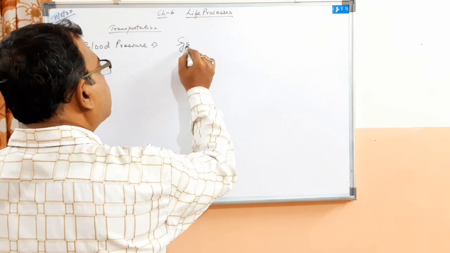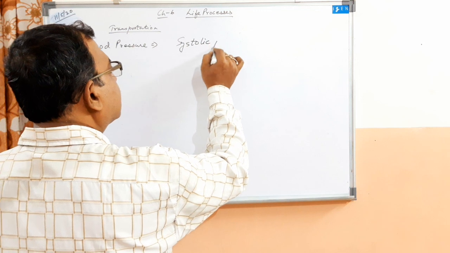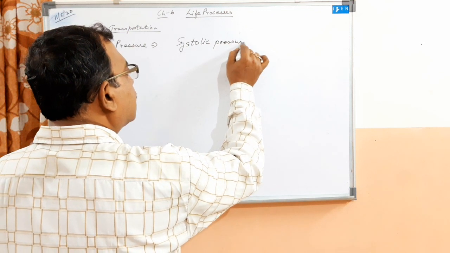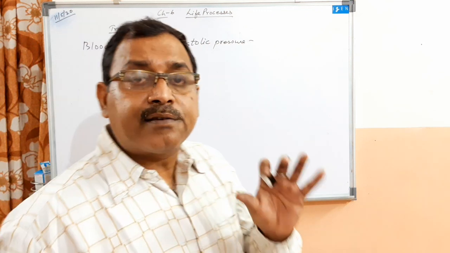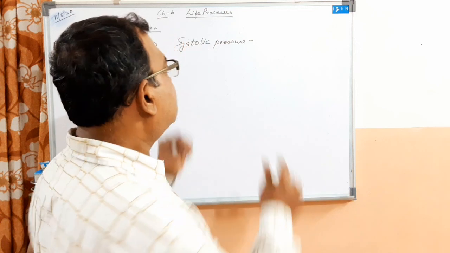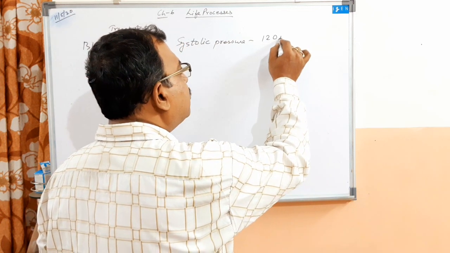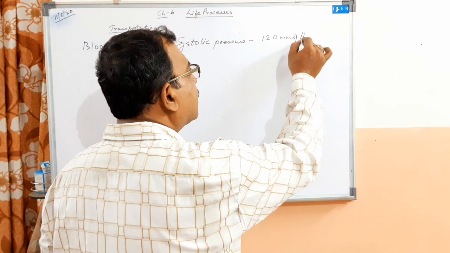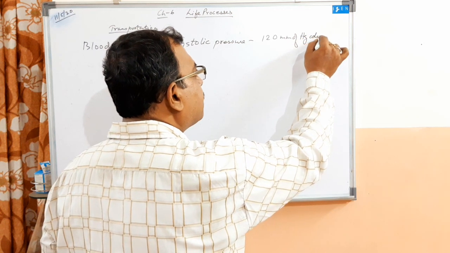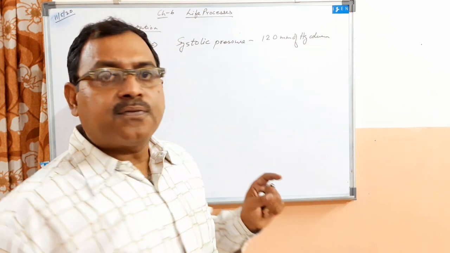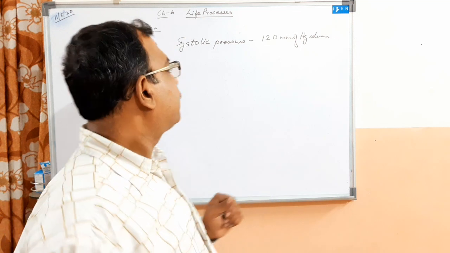So systolic pressure is due to ventricular contraction. Its value is 120 millimeter of mercury column in case of an adult human being.